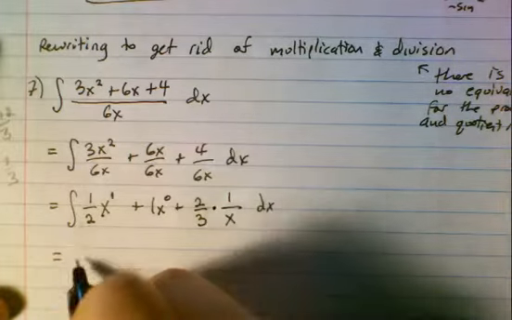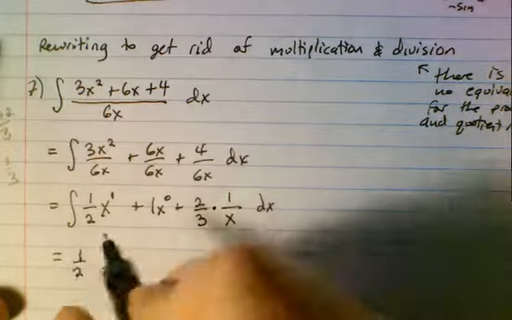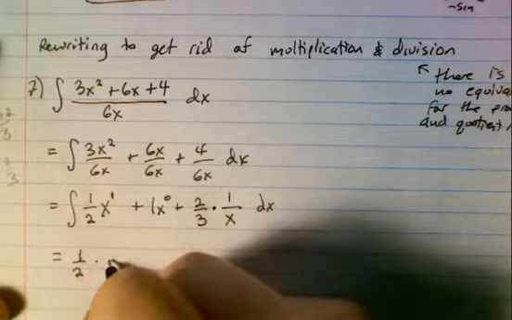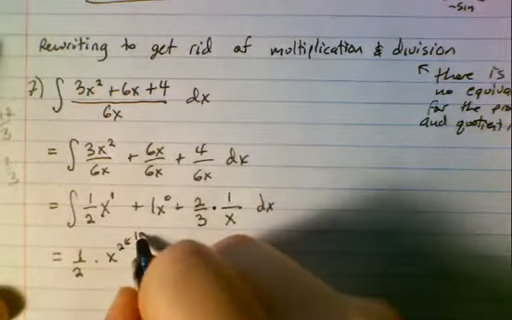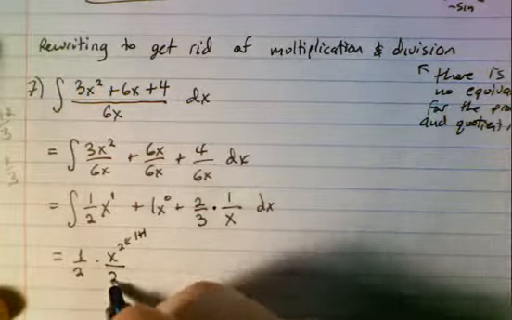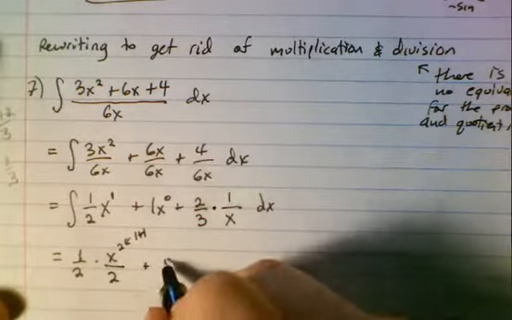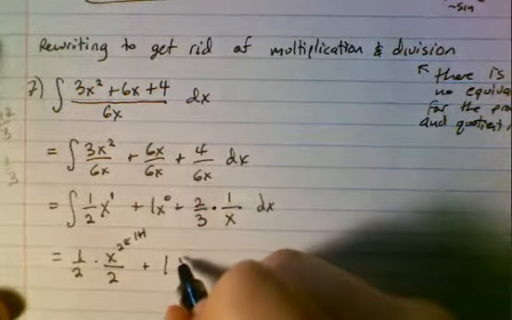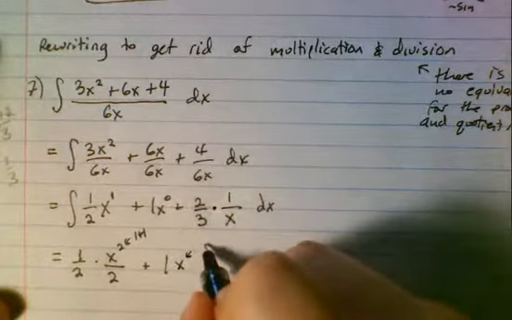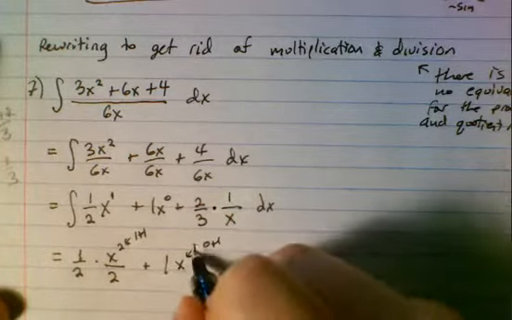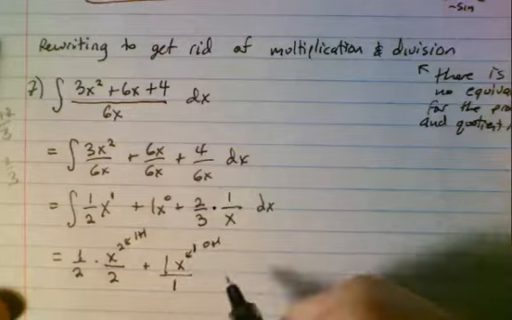So what I'm going to do is bring the number along for the ride. This is 1/2. This is 1. We add 1 to the exponent, divide by the new exponent. This was x to the 0 power, so our new exponent is going to be 0 plus 1, or just 1, divided by 1.